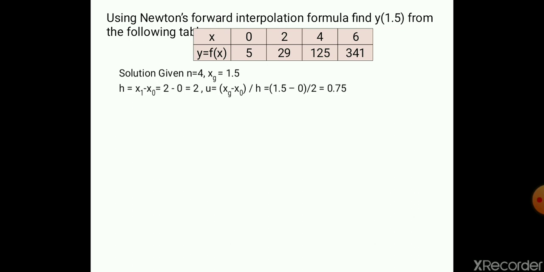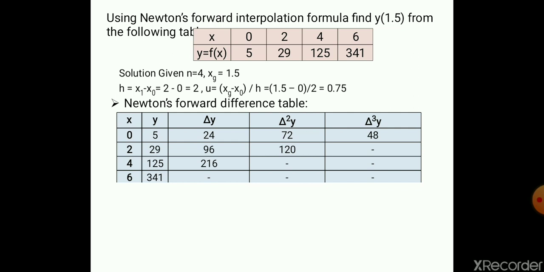In this case h is equal to x1 minus x0. So step size is 2, because the difference is constant. So u is equal to xg minus x0 upon h. So u value is what? 1.5 minus 0 upon 2, that is 0.75. So we have calculated h is equal to 2 and u is equal to 0.75.